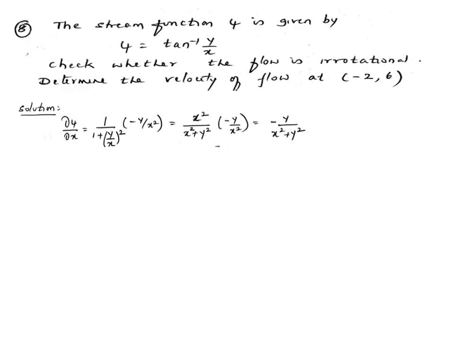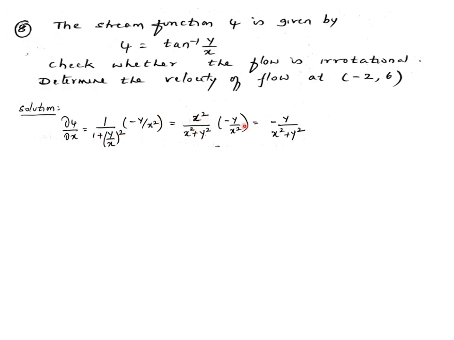Now we will go for dou psi by dou x. You know that the differentiation of tan inverse is 1 by 1 plus y by x whole square, and the differentiation of y by x, where y is a constant, is minus y by x square. Taking the LCM, x square, we get x square plus y square, and the x square goes to the numerator.